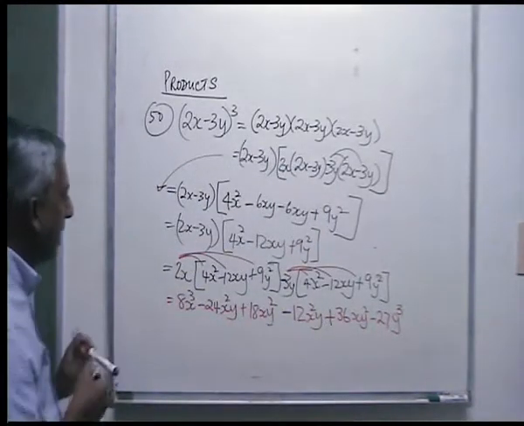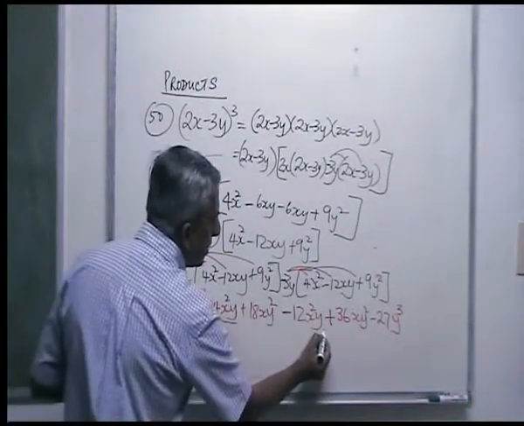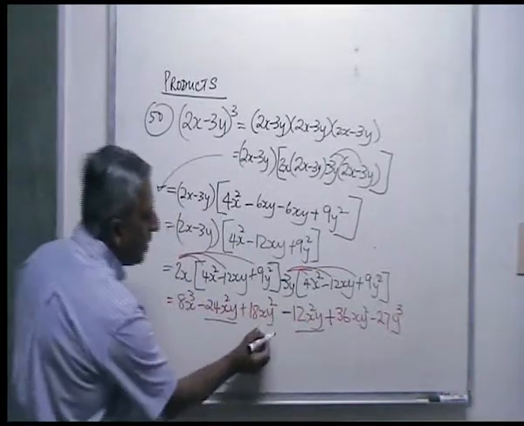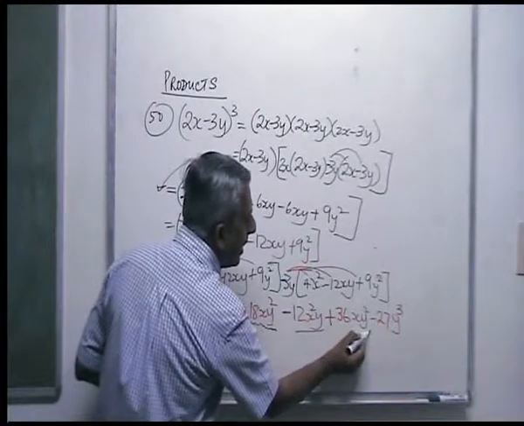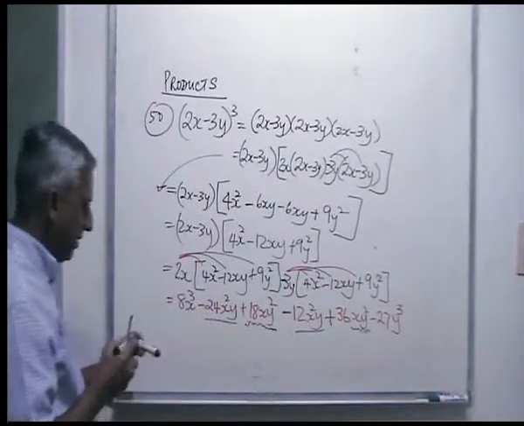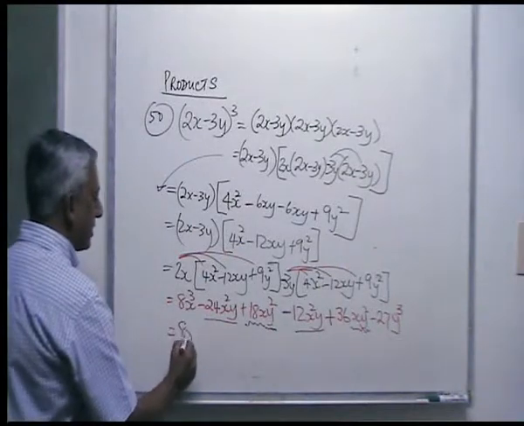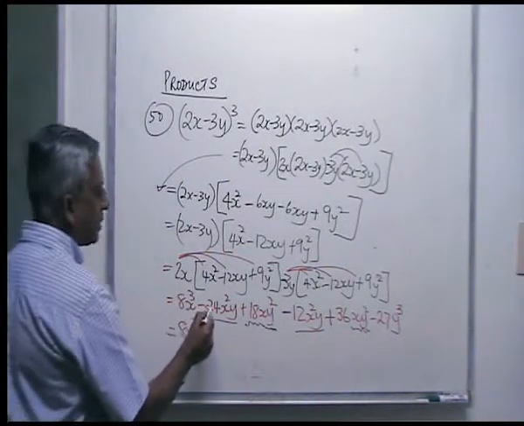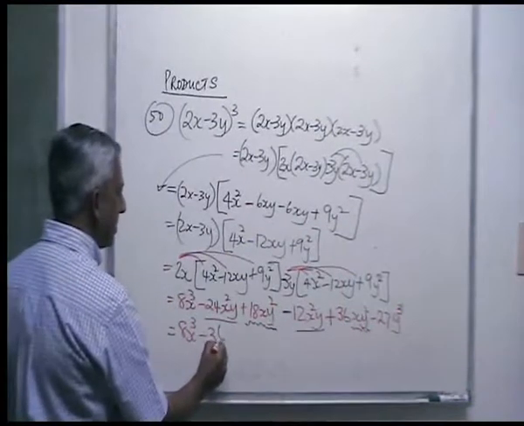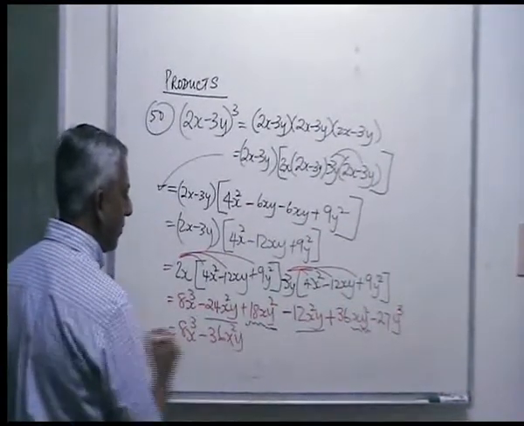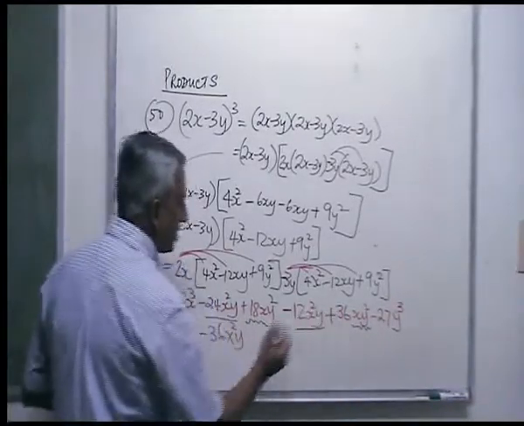Okay, so let's see what happens. You got x squared y and you got x squared y. You got xy squared and you got xy squared. So the final answer will be 8x cubed. Now you got minus 24 and you got minus 12. That gives you minus 36x squared y. Then you got plus 18 and you got plus 36.